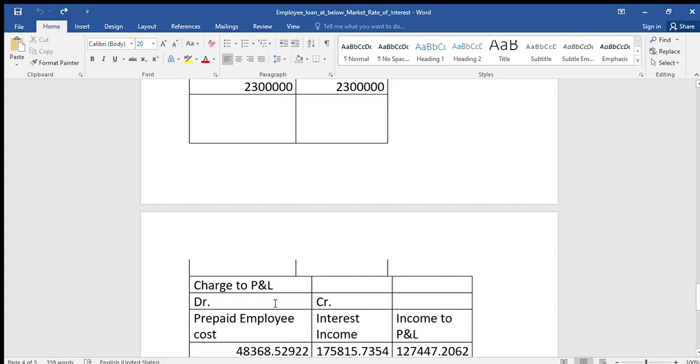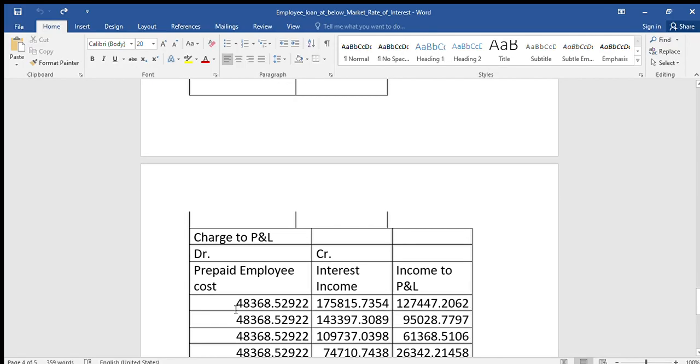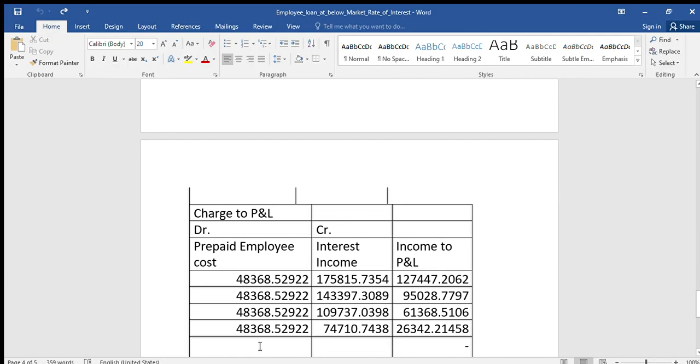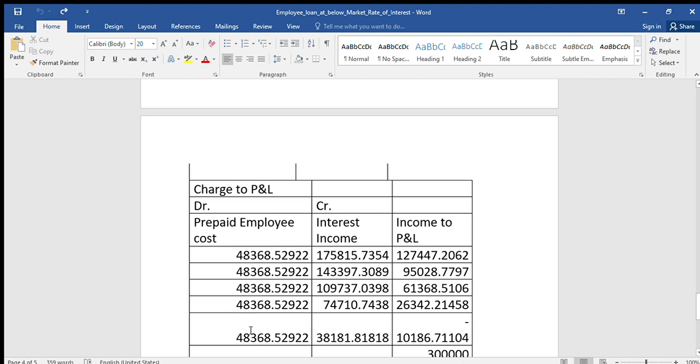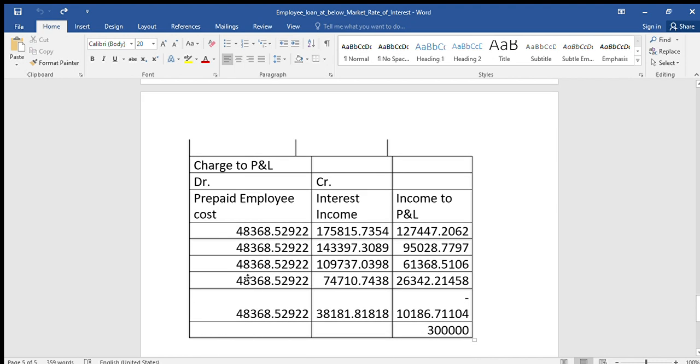Now we'll see the charge to the P&L. Prepaid employee cost is 48,368, which is the same over the period of 5 years. So the debit to the P&L would be 48,368 for each of the 5 years.